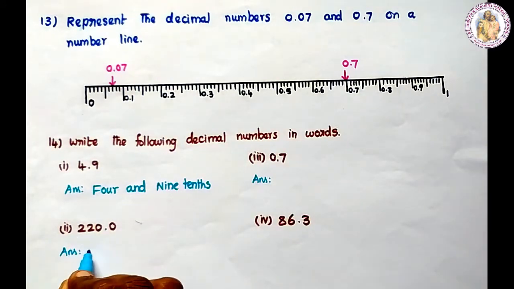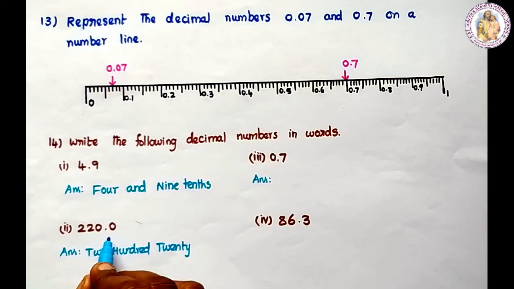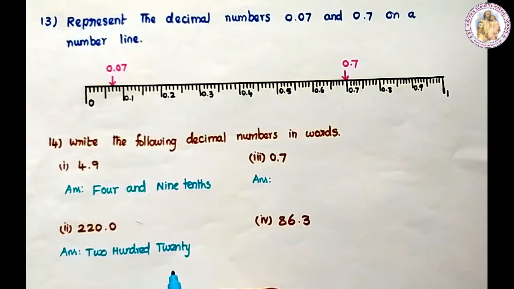So 0 in tenth place. So no need to write. And write down 0/10.